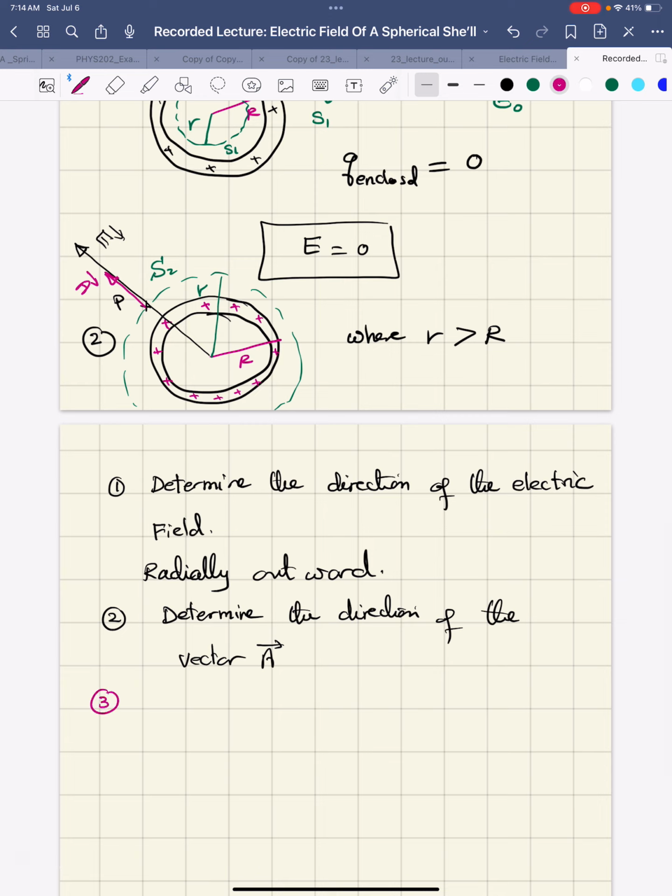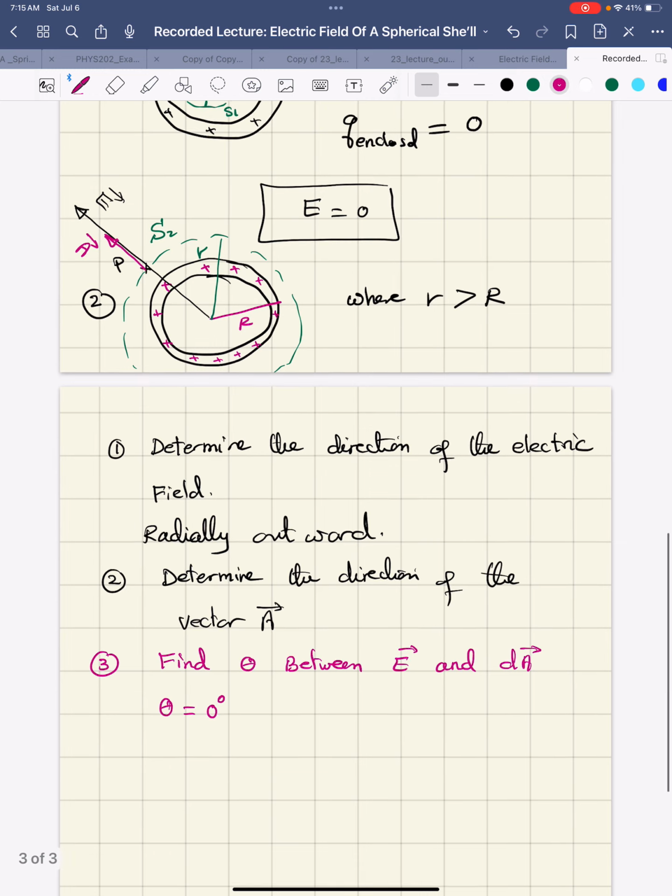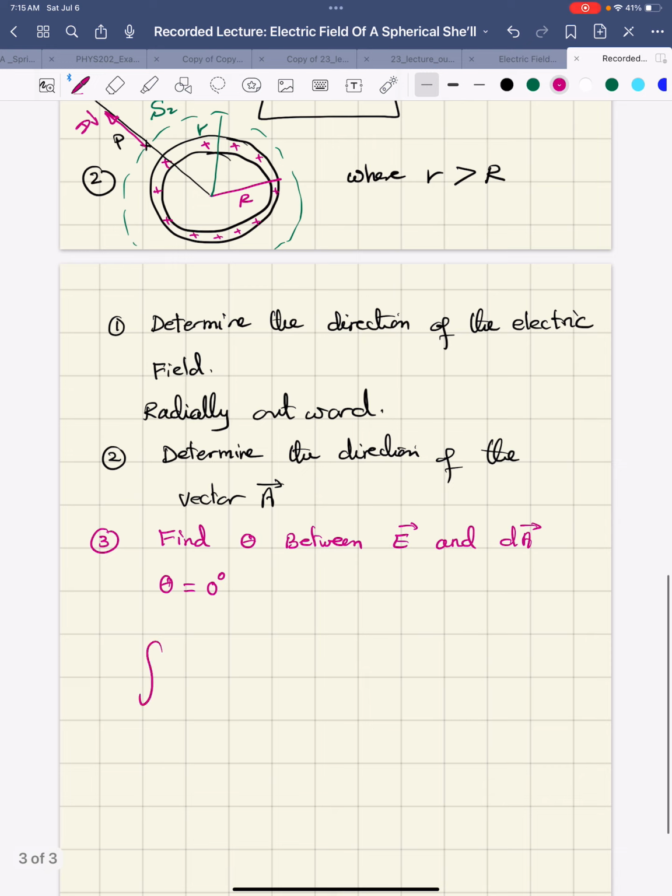From these two, I can find theta between E and dA, which in my case here is 0. Then I'm going to apply E dot dA equals Q enclosed divided by epsilon 0.